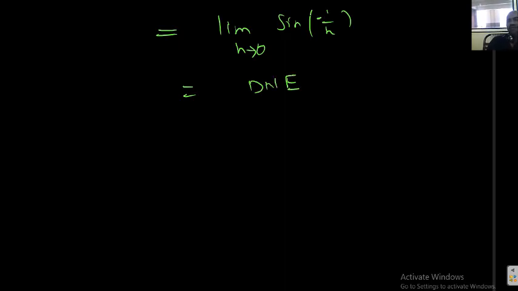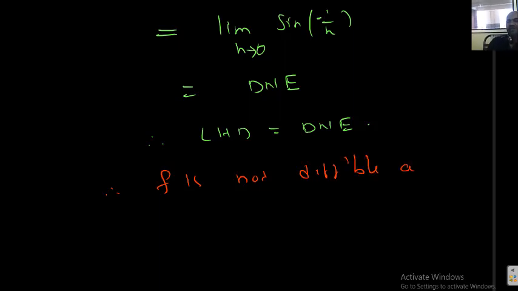It oscillates, the values oscillating between minus 1 and 1. What is the meaning of that? The LHD does not exist, which means the given function is not differentiable at x equal to a. Therefore, f is not differentiable at x equal to a.